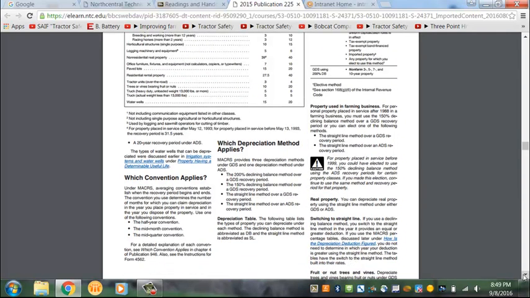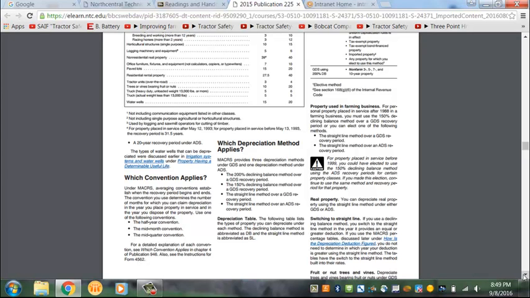This is the normal convention that's used for the most part. However, another one that you will have one of the case studies to deal with is called the mid-quarter convention. This means that there are special depreciation percentages that are used.